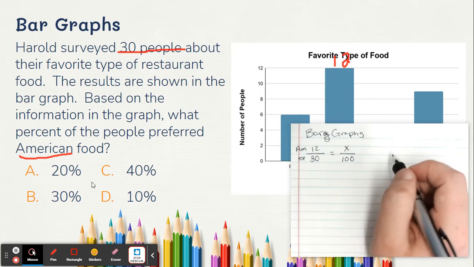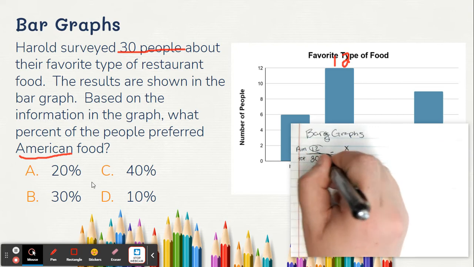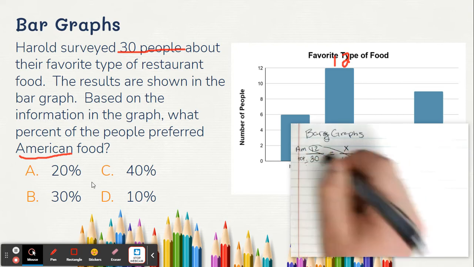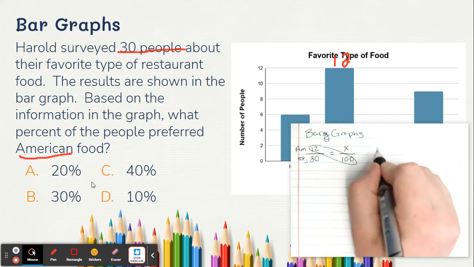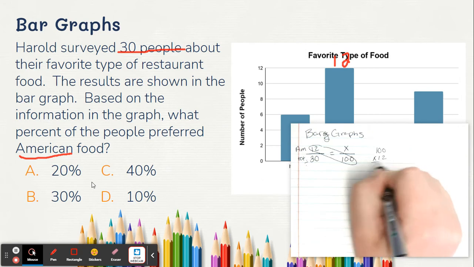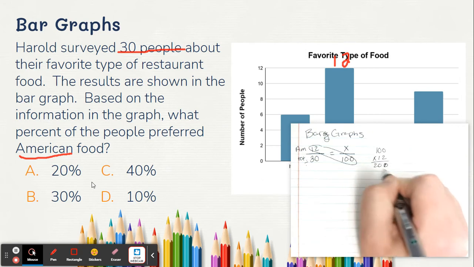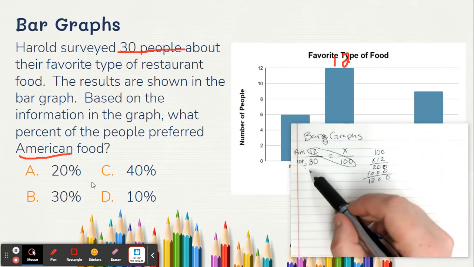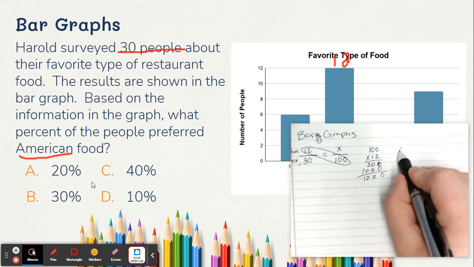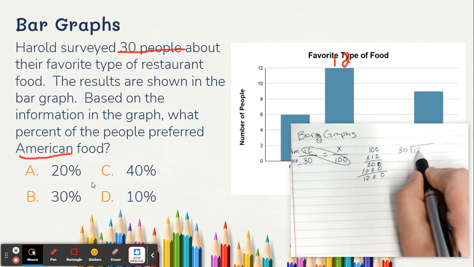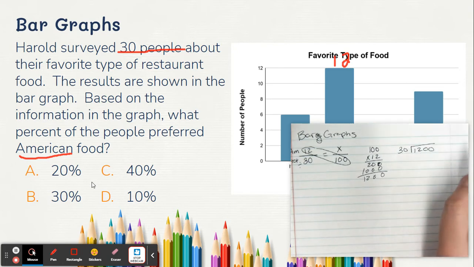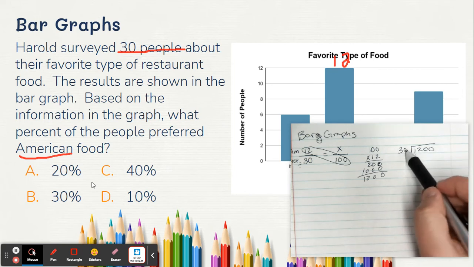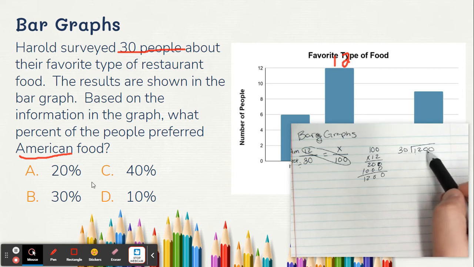And then just like any proportion, we're going to cross multiply and then divide. So I'm going to do 100 times 12, and that gives me 1,200, and then I'm going to divide by 30. 30 can't go into 1, 30 can't go into 12, but 30 can go into 120.